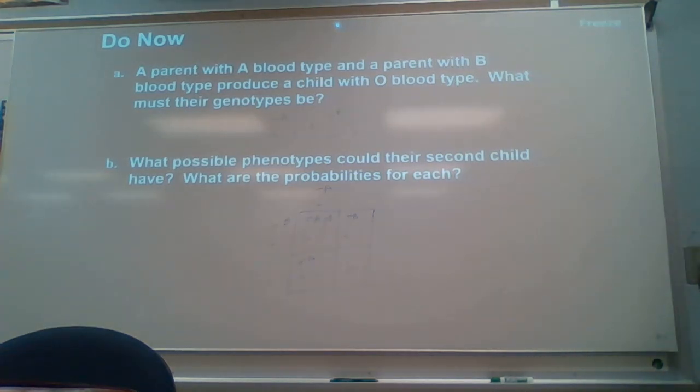So if you fill that in, you can see there's how many different genotypes, 4, and how many different phenotypes? In this case, 4, okay.